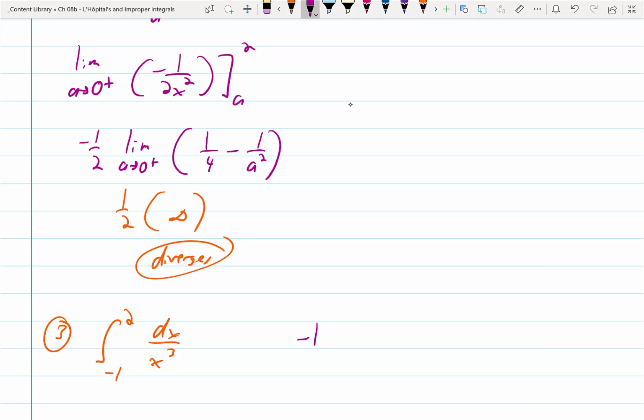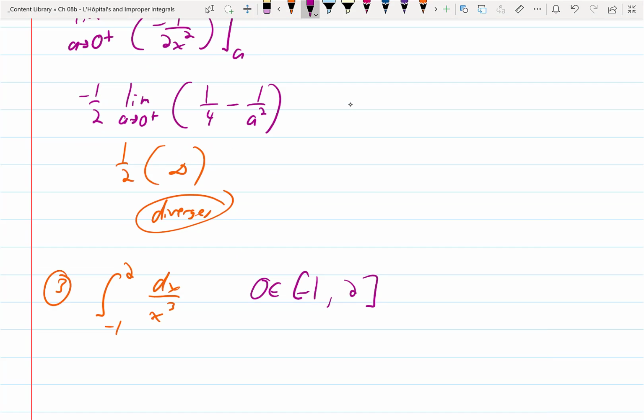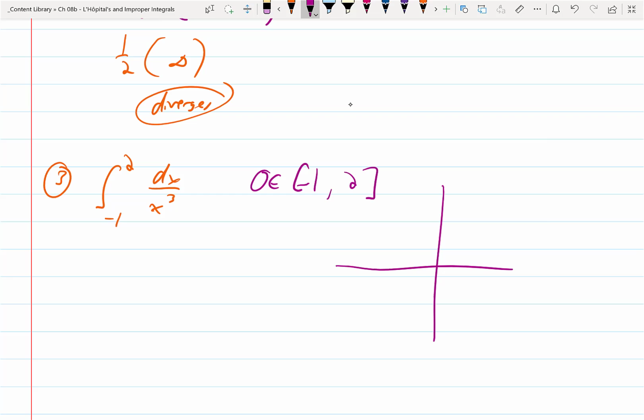So I get -1 to 2, and I know that 0 is contained in there, which means that the discontinuity is occurring in the middle. The question here is, if I graph this again, and I get something that's symmetrical about the origin, and we want to graph from -1 to 2, can I cancel the infinite areas of the negative and the positive, and evaluate the integral?